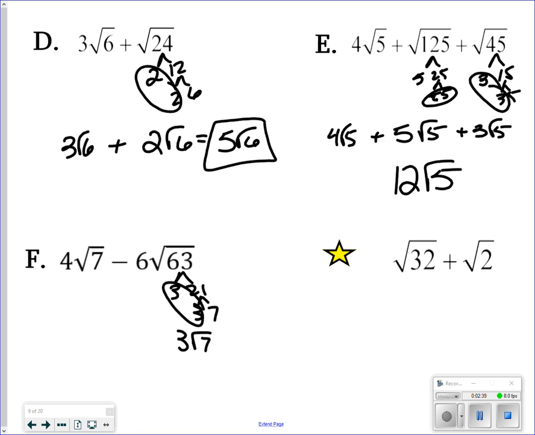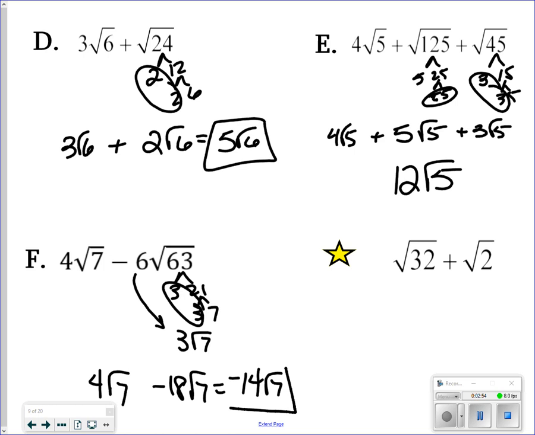So E is definitely on your quiz and on your test. So 4 square roots of 5 plus 5 square roots of 5 plus 3 square roots of 5 makes 12 square roots of 5. Notice that I didn't change the radical, merely added the coefficient.